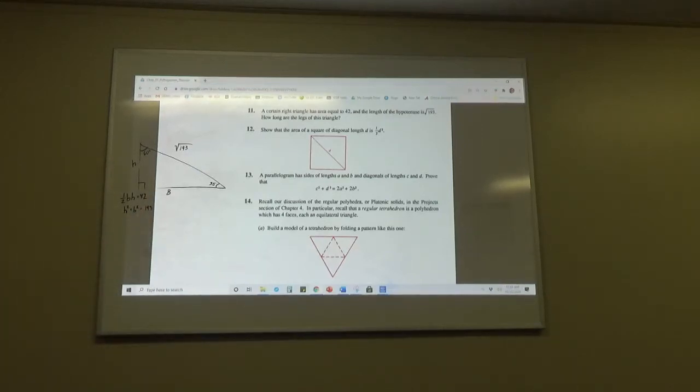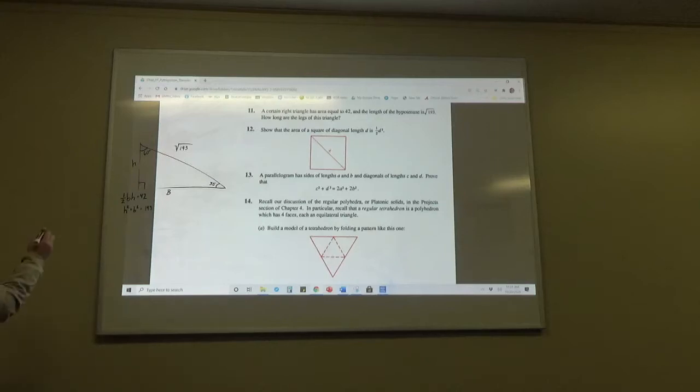Okay, now what's h? To get h by itself, how do you move the half? You multiply by 2, right? So that'll make that 84. And then to get rid of the b, I'm going to have to divide by b. So h is 84 divided by b.